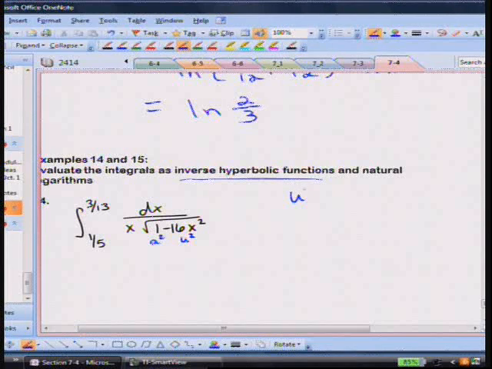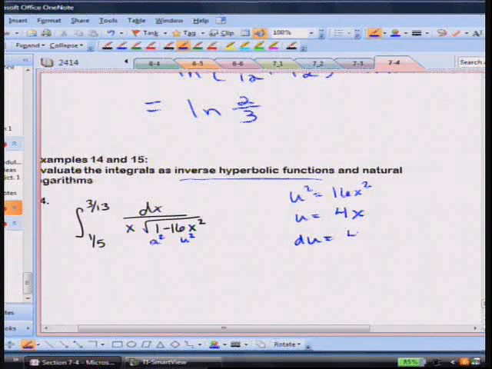So if I let u squared equal 16x squared, then u is just equal to 4x, right? Okay. And then du is equal to 4 dx.